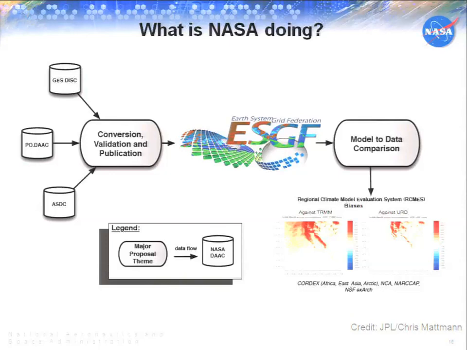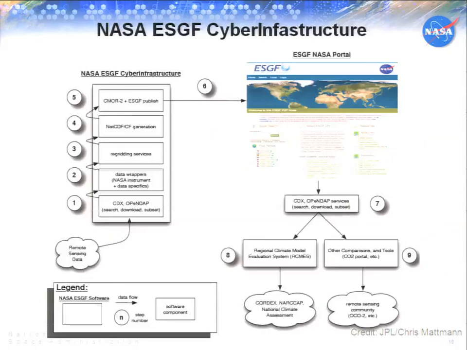Okay, all the metadata. How do you search the data? The way you search the model data is the same as the way you search observation in this ESGF system. So that saves a lot of time for the climate scientists to search and prepare the data. This is a little bit of detail about some of the services.